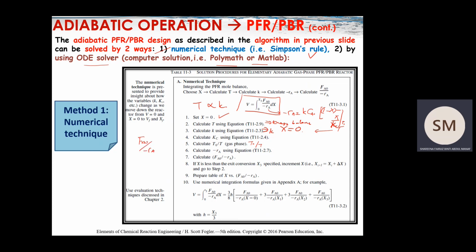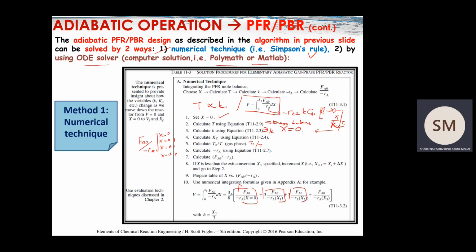This will have different values for X equal to 0, then X equal to 0.1, X equal to 0.3 and X equal to 0.4. So you will have a different value each time, and you will apply the numerical method. Is it 3/8 Simpson, or the 5-point quadrature formula, or trapezoid?